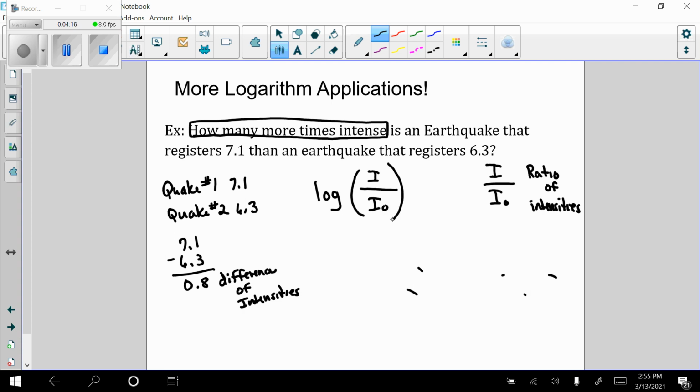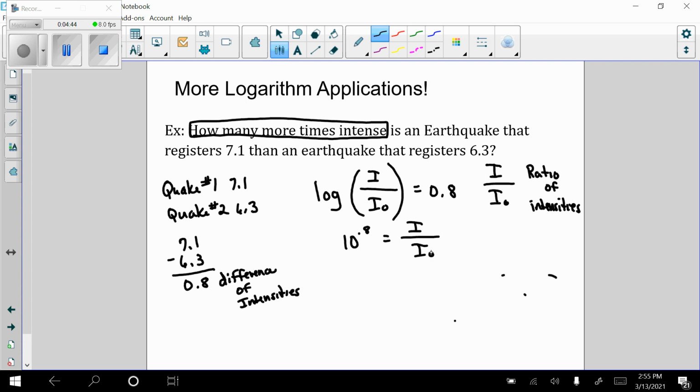And I need to take that and set it equal to the difference in those two ratios, which is 0.8. So now I have that logarithm set up. And all I'm doing here is solving for I over I sub 0. So I have 10 to the power of 0.8 equals that argument I over I sub 0.